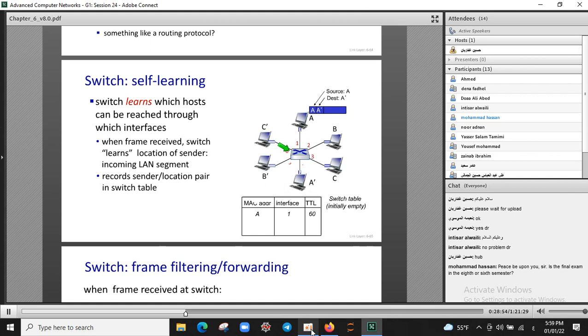But if there is no knowledge about the destination, the switch acts like a hub. It will broadcast the received frame over all of the other interfaces.